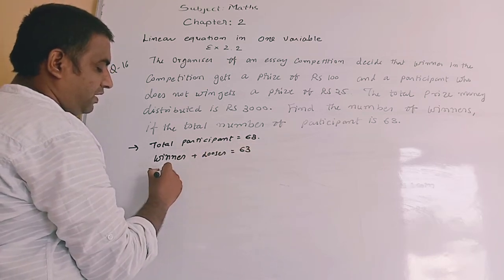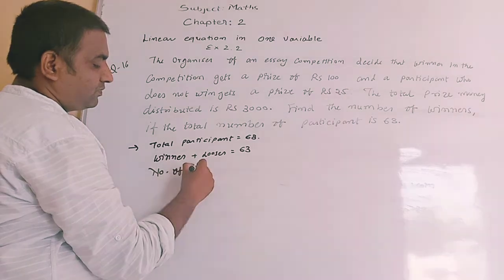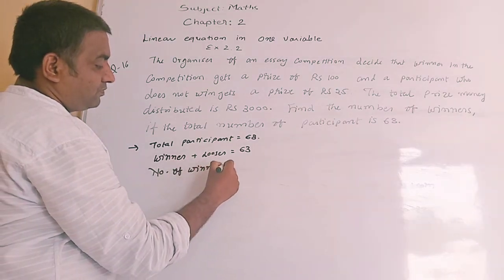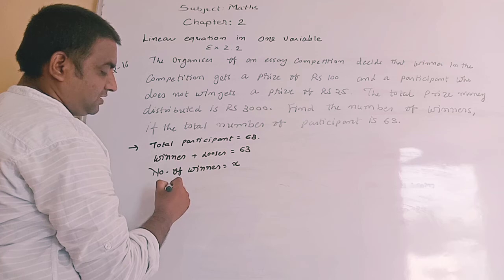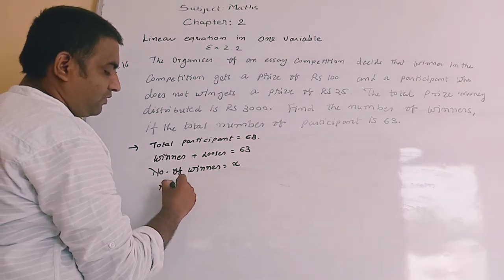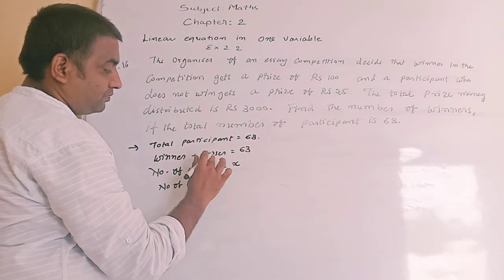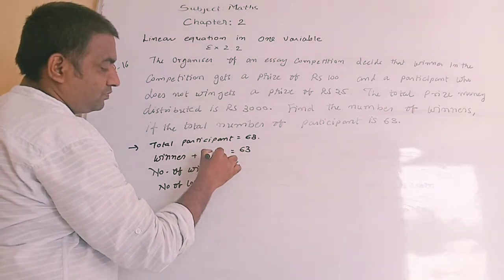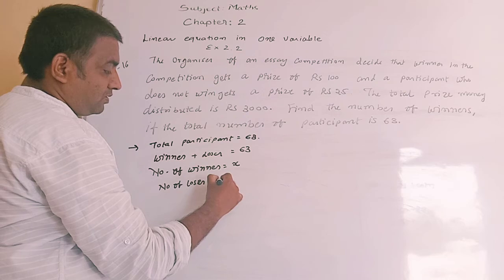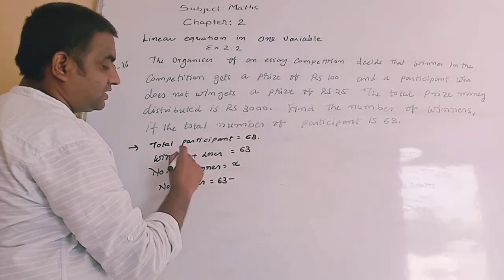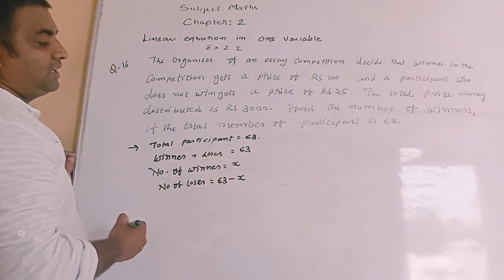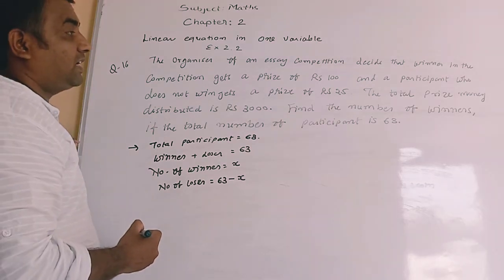So the number of winners we take as x, and the number of losers will be 63 minus x.